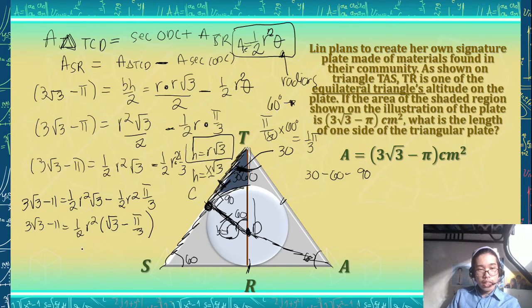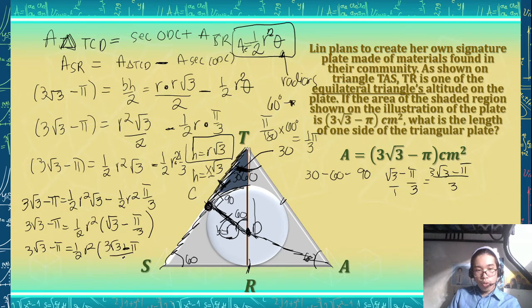And what we can see, guys, is that square root of 3 minus pi all over 3, so what's that? That should give you 3 all over 3 square root of 3 minus pi. So therefore 3 square root of 3 minus pi is equal to 1/2 r squared multiplied by 3 square root of 3 minus pi all over 3.